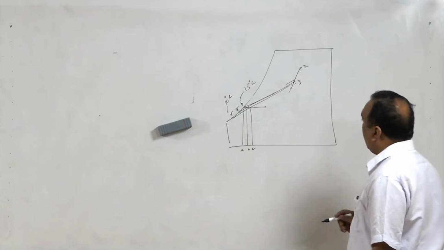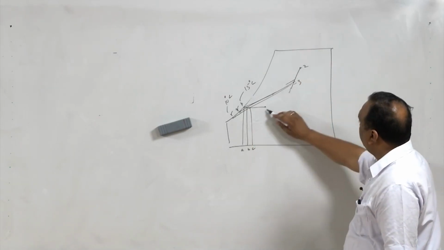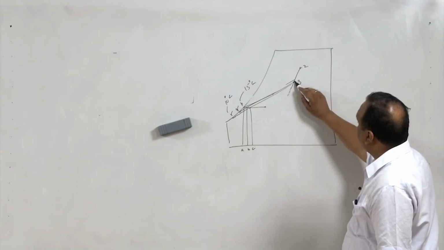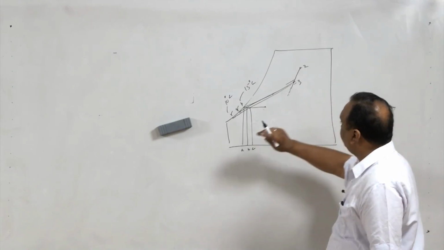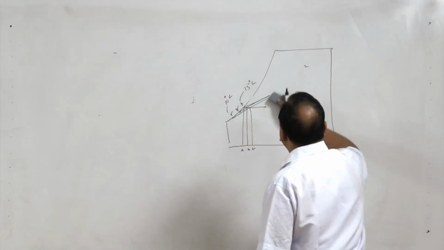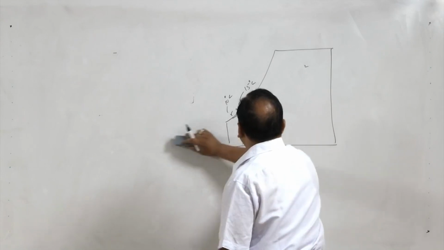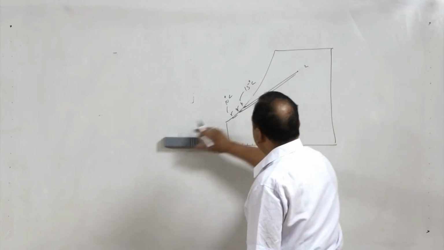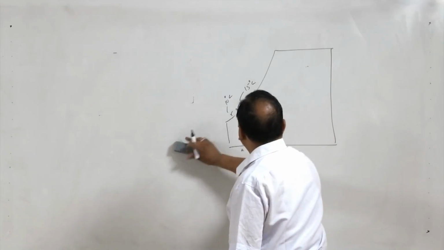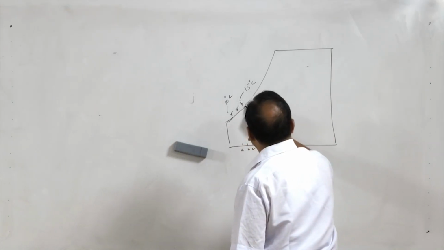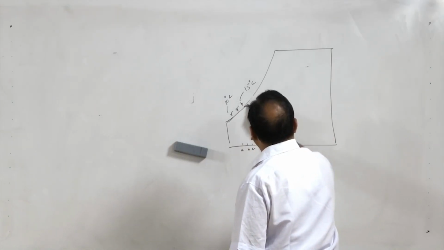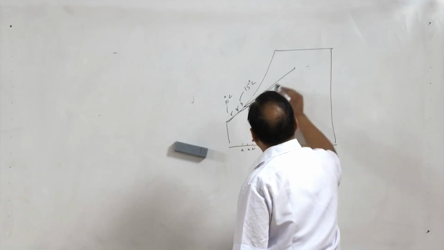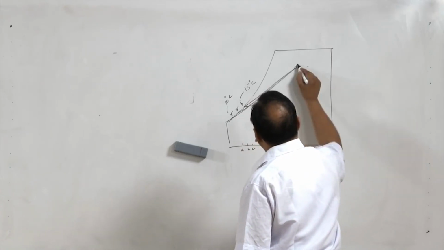Outside temperature is the same, return temperature or mixing temperature is the same, or if we are taking 100% outside air, let us take the example of 100% outside air. So if we are taking 100% outside air, this is the supply.